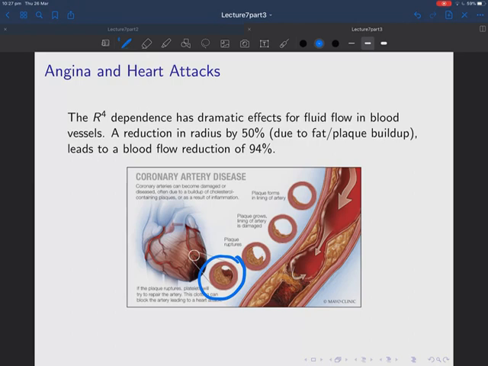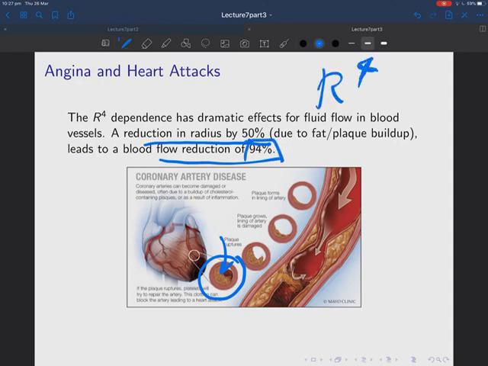You might say, well, it doesn't matter very much, if my arteries get blocked by, say, 50%, who cares? I'm 65 years old. I'm not going to run too many more marathons. The problem is, if you reduce your radius by 50%, you get a blood flow reduction of 94% because of the R to the 4th effect.